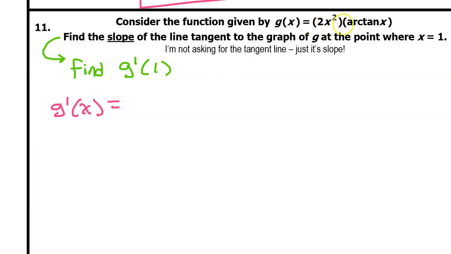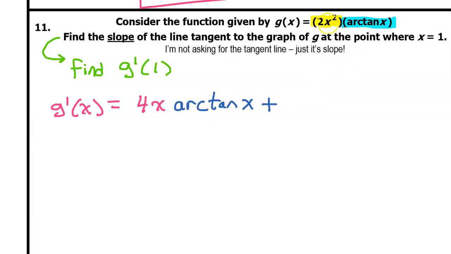So I guess we have to use the product rule because we have this yellow factor and then the blue factor. So the first time through, I will take the derivative of the yellow portion, and that's going to be 4x. And for this time through, we leave the blue portion alone. So arctangent x, and we put a plus.